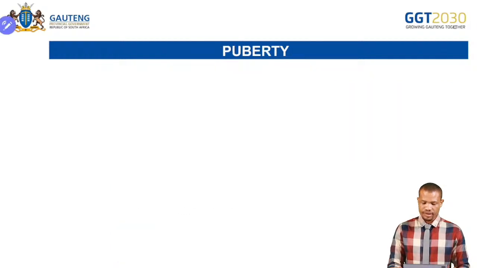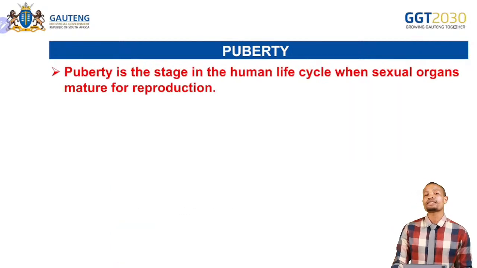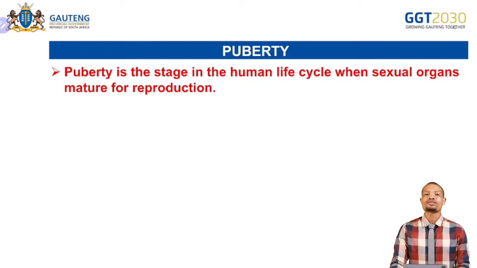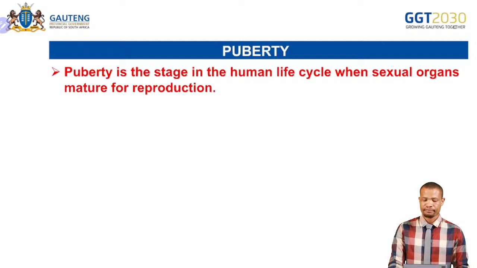Okay, let's continue. Now let's talk about puberty. What is puberty? We said that puberty is the stage in the human life cycle when sexual organs mature for reproduction.